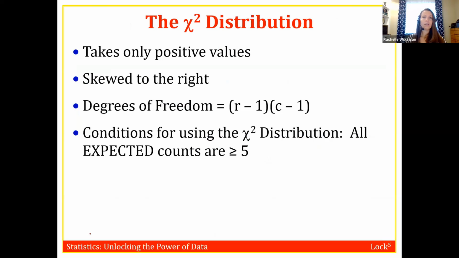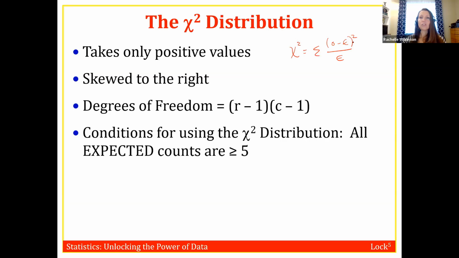All right, so let's talk about some characteristics of the chi-square distribution. First of all, it takes only positive values. So that's something different than the normal or the t. And if you look at how we come up with our chi-square statistic, we're taking an observed count minus an expected count squared divided by an expected count.